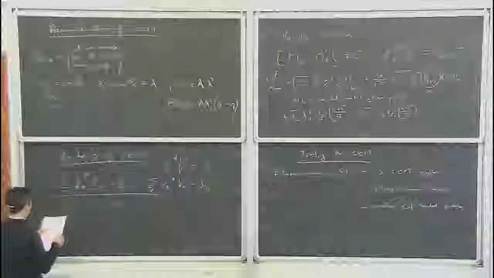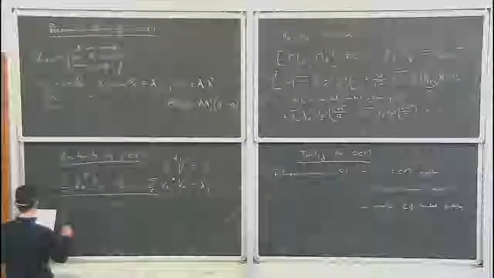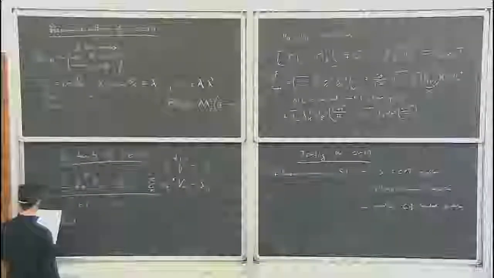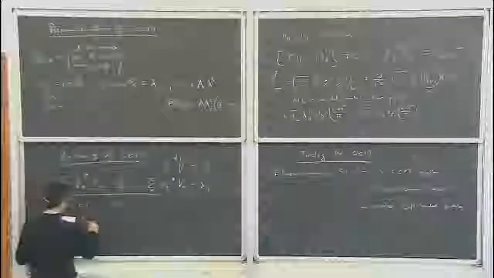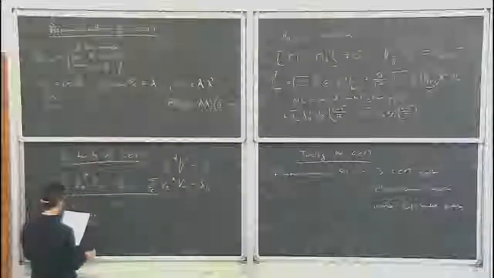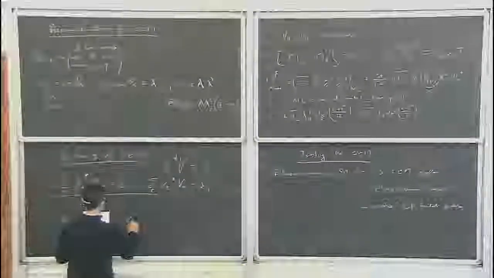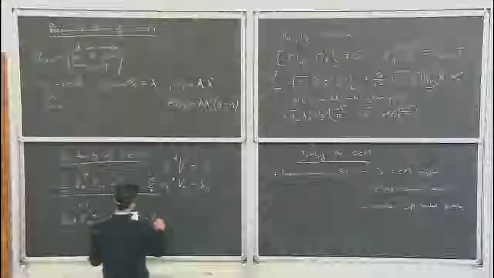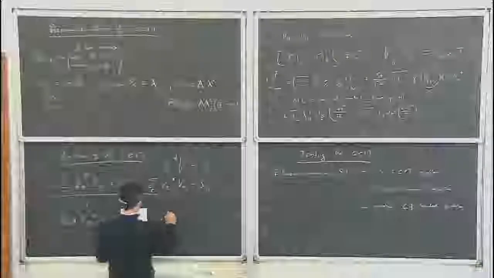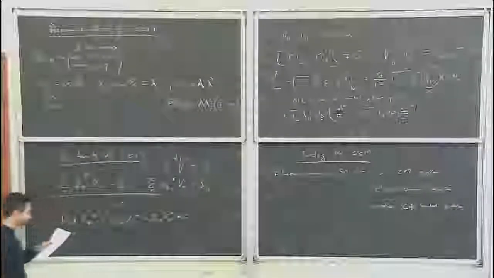So let's write this unitarity condition out explicitly. This means that we get the following sum: VUD times VUB star plus VCD times VCB star plus VTD times VTB star equals 0.